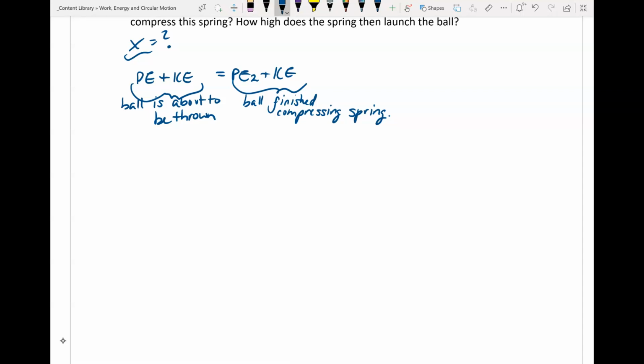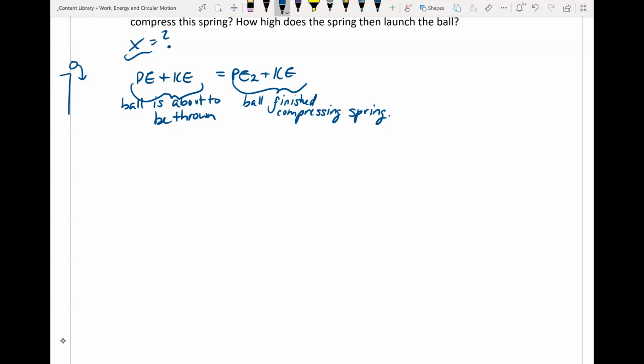So when the ball's about to be thrown, it's going to be in the air. So here's our ball. It has a potential energy without you even throwing it. It wants to fall to the center of the earth. So that means we do have potential energy there. We also have kinetic energy because it's going to be thrown. It's not going to be dropped, but thrown with initial velocity. So we also have kinetic energy as well.